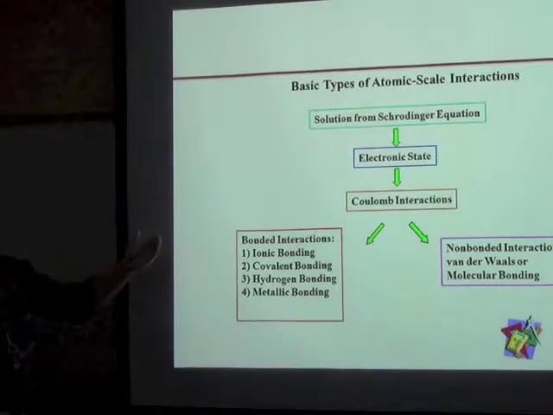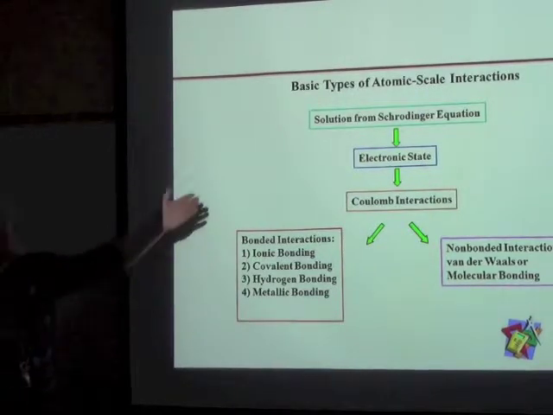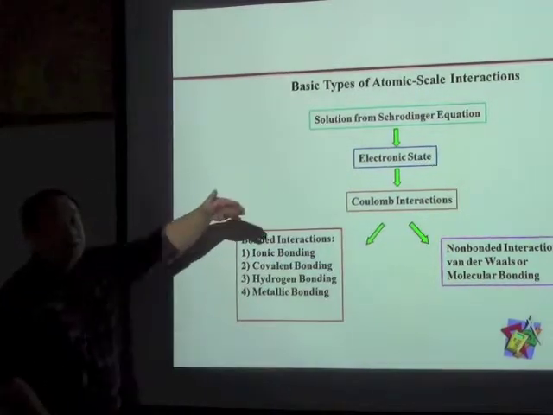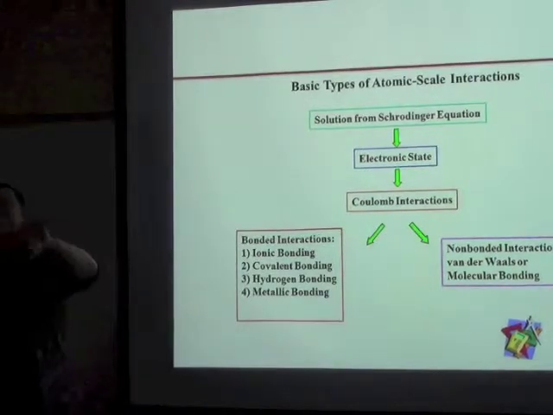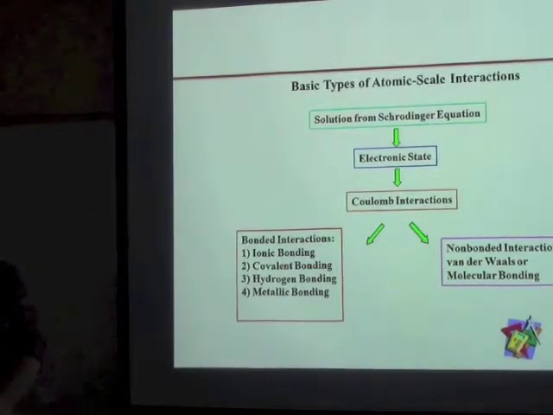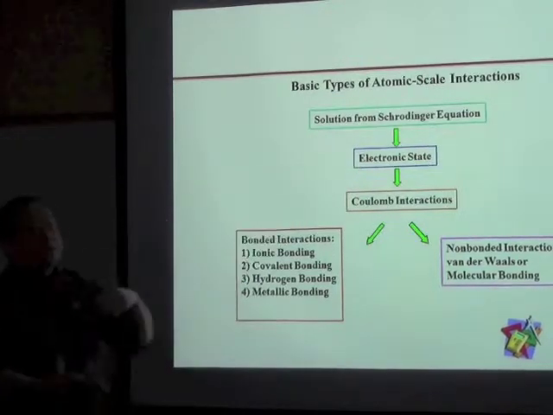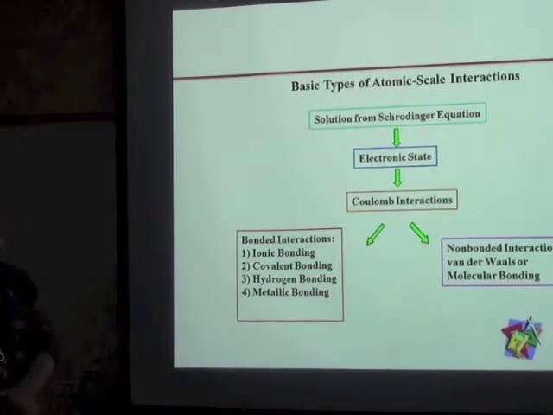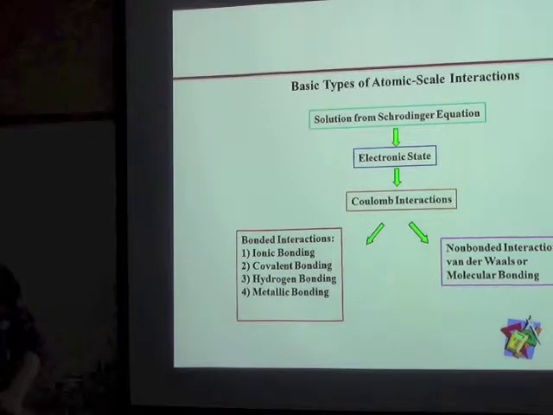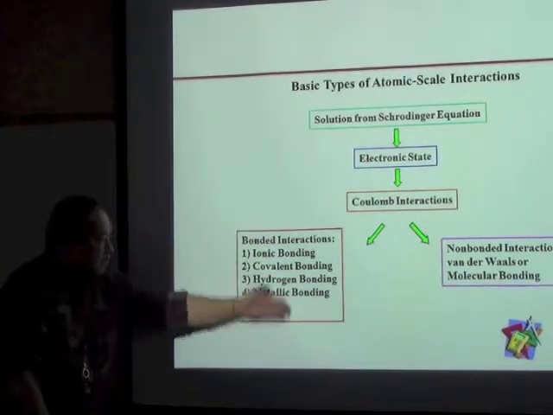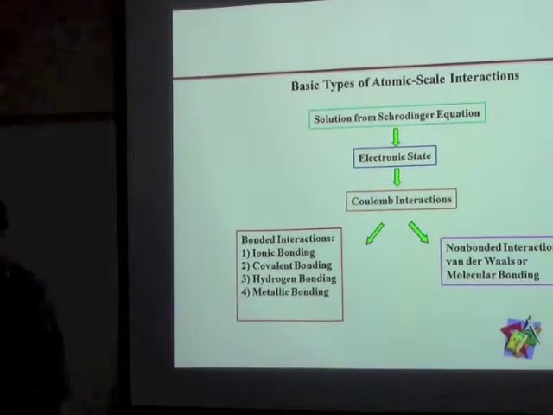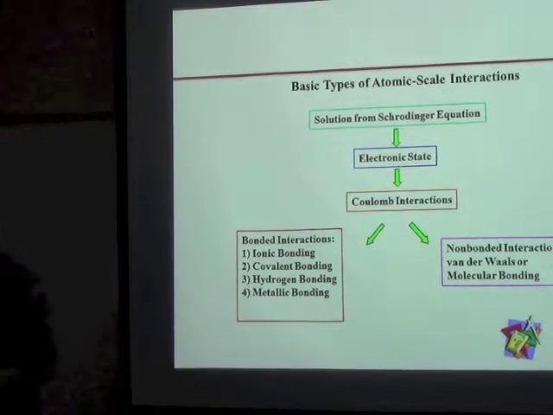And of course, to do any modeling, you study with Schrödinger equation, right? And get the bulk nucleus location settled, and then you go look at the electronic state, molecular interaction, Coulombic interactions. And for chemists, they know they have strong and weak interactions.